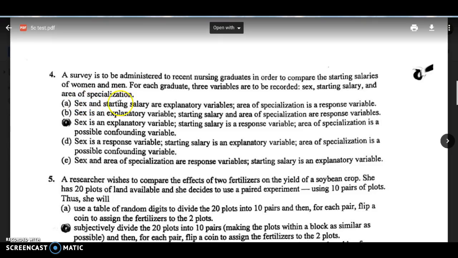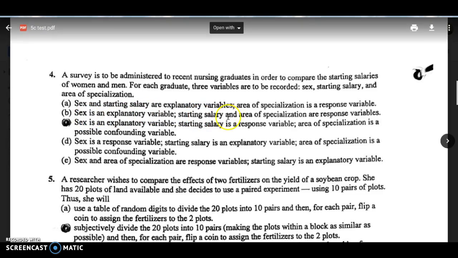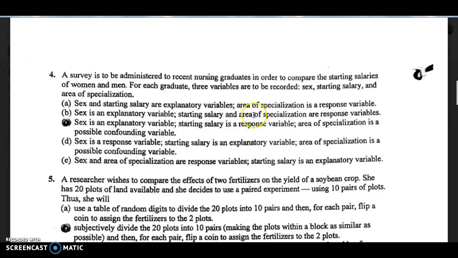So sex and starting salary are explanatory. Starting salary is not explanatory, so it's not A. Sex is explanatory, starting salary and area of specialization are response variables. The area of specialization is some outside variable that might help you see what their starting salary is.